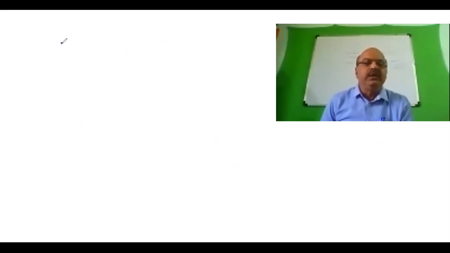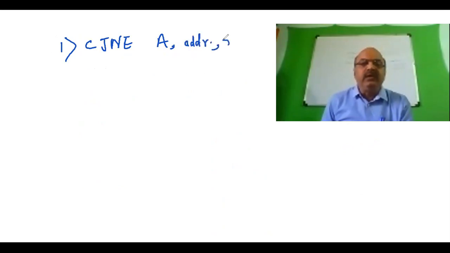Four instructions we have seen. There is an instruction called CJNE: CJNE A, address, relative address.